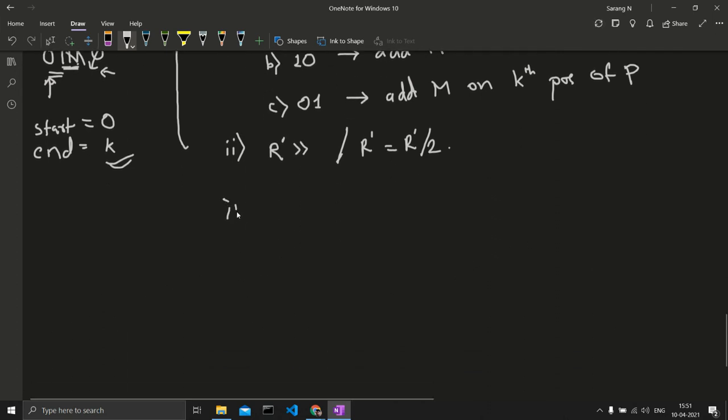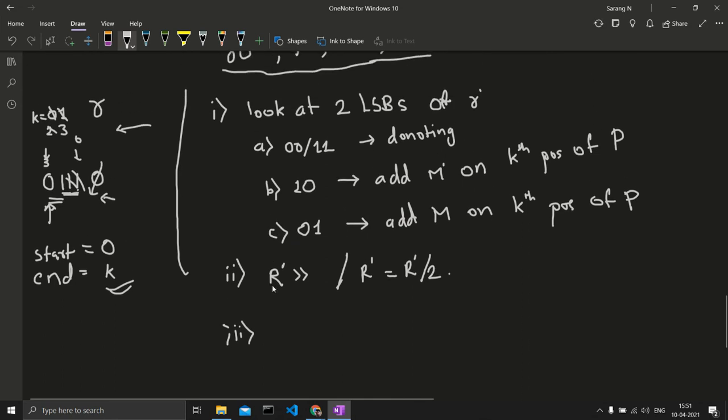So the third would be, you repeat 1 and 2 until r dash becomes 0.